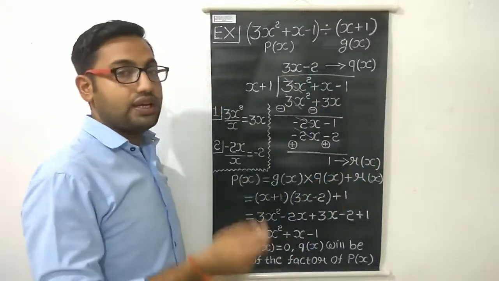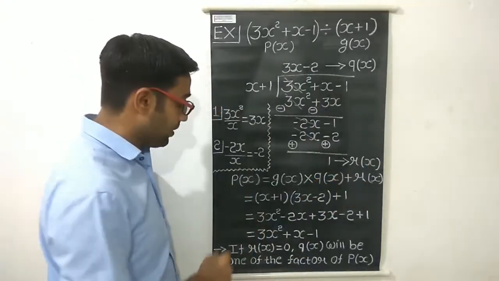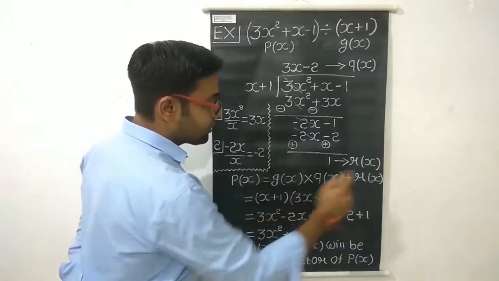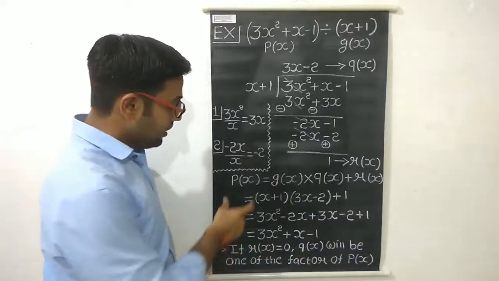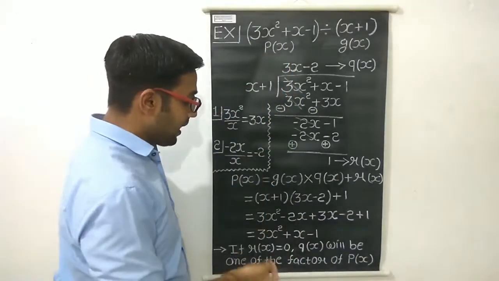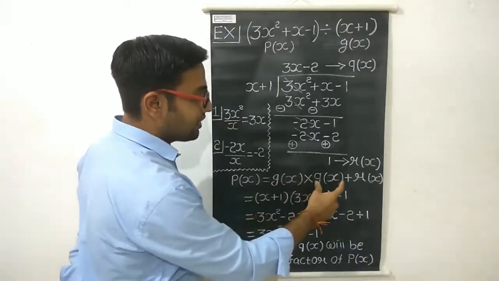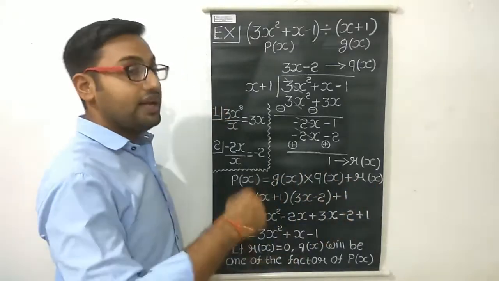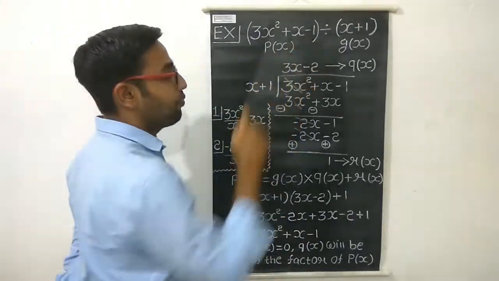So according to the division algorithm for polynomials, p of x is equal to g of x into q of x plus r of x. So p of x we have 3x square plus x minus 1. By multiplying g of x and q of x and adding r of x, we again get the same polynomial.